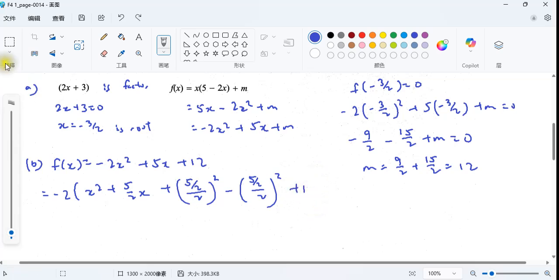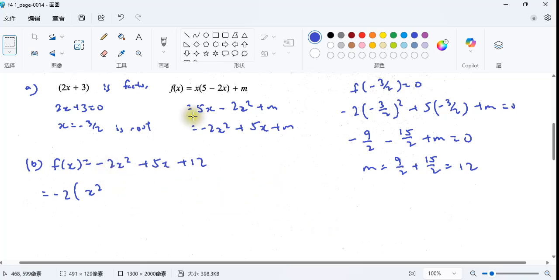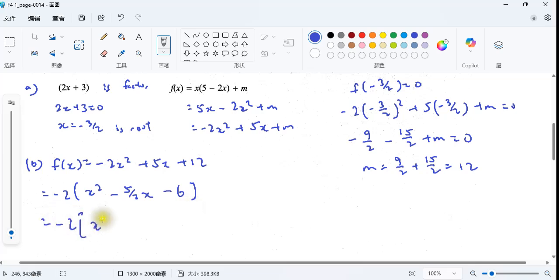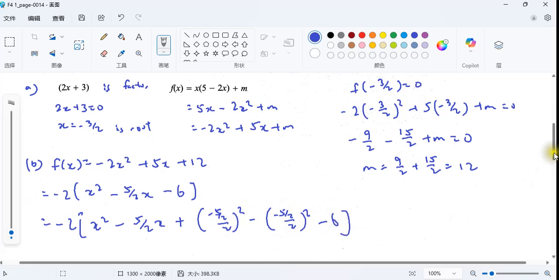Now, this one we factorize negative 2 first. So it will be negative 2 times (x squared minus 5 over 2 x minus 6). Then negative 2 times (x squared minus 5 over 2 x plus negative 5 over 2 over 2 squared minus negative 5 over 2 over 2 squared minus 6).